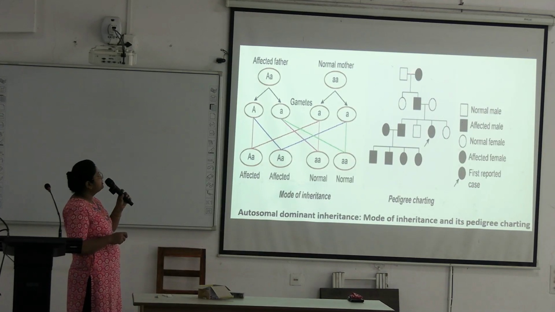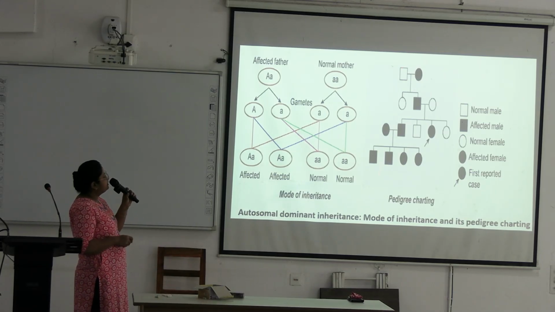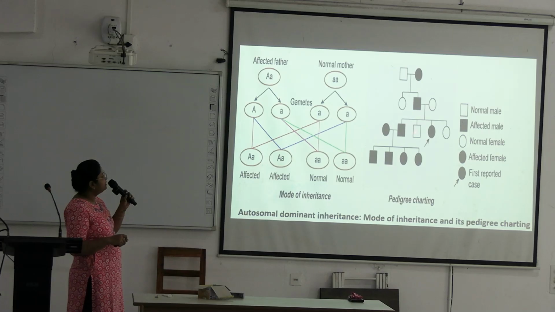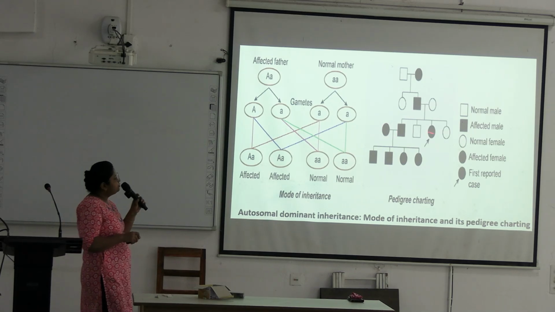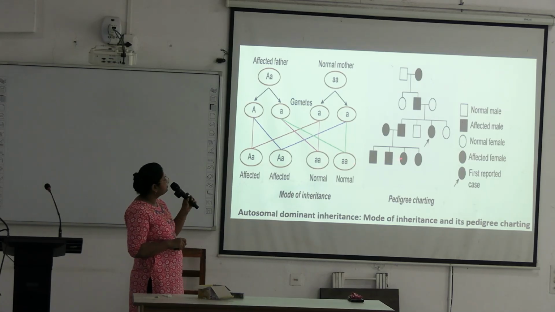See here, these are the parents, male and female. The female is affected here, and it is autosomal dominant inheritance. Here, the female children are not affected, but the male child is affected. After that, if here also one female and one male child are affected, and they mate with another affected female, then all the children are affected here.